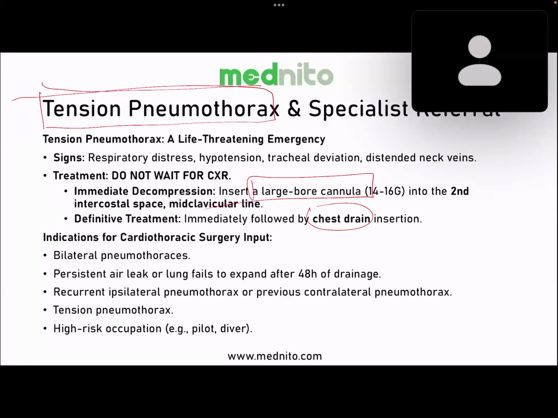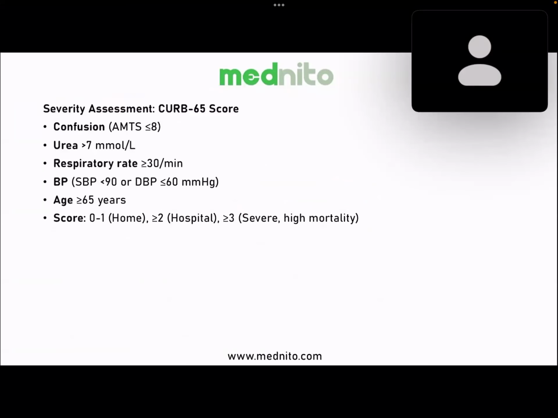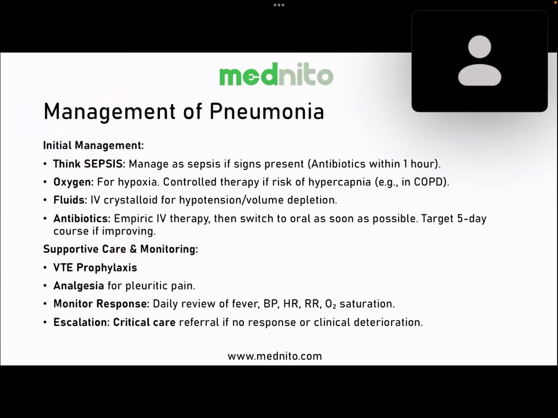All right. Next, we talk about pneumonia. We already discussed the CURB score. It is confusion, urea, respiratory rate, blood pressure of less than 90, age of more than 65. Blood pressure of less than 90, you'll have to think of sepsis secondary to infection. That's one thing. All right. Next, we talk about management of pneumonia. All right.